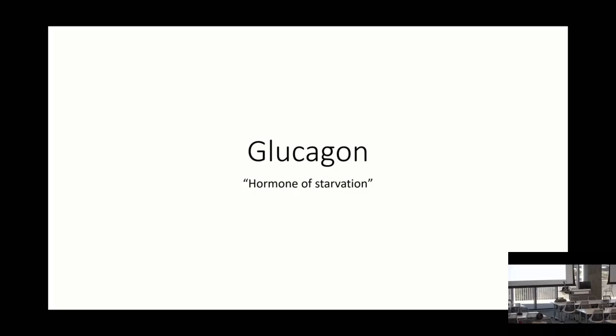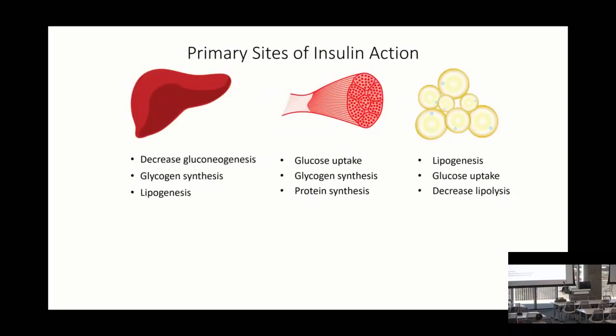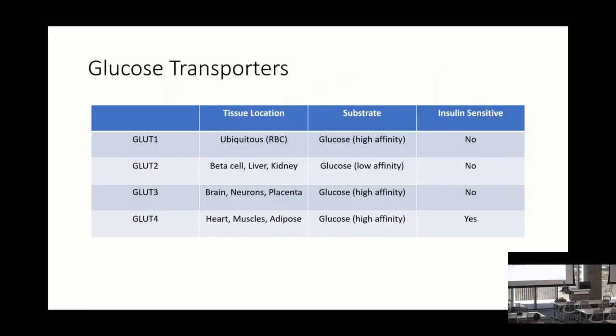In cells like beta cells, for example, let's go back a little bit. For the beta cell, it wouldn't make sense if glucose could diffuse freely, because then you would make insulin all the time. So you have to have a high threshold for glucose to move through the glucose transporter.